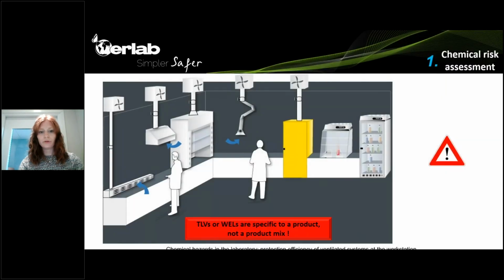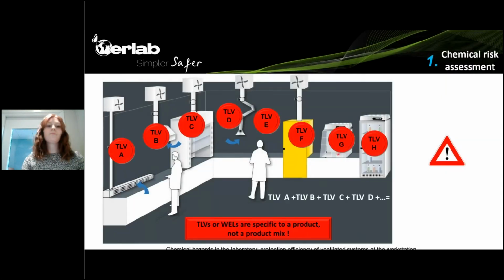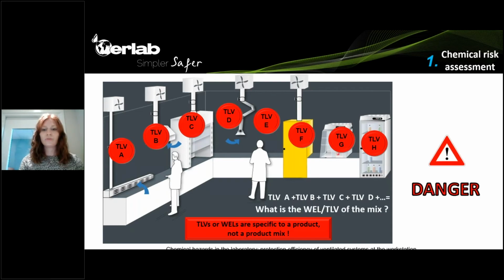As you see in this picture, in the labs it is very often that chemists are using many different types of chemicals, and we know the threshold limit value of one chemical, but workplace exposure limit values are specific to one product. We don't have knowledge of the mix of all these different products, which is the reason why it creates a danger inside the laboratory.